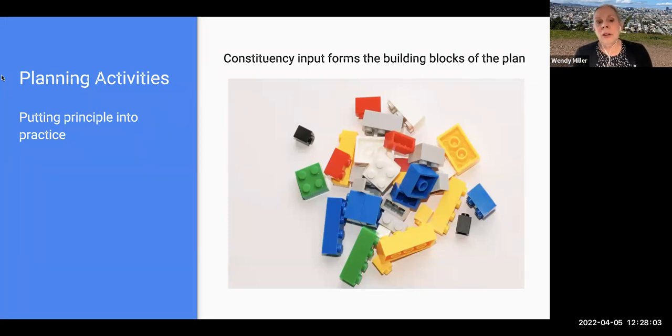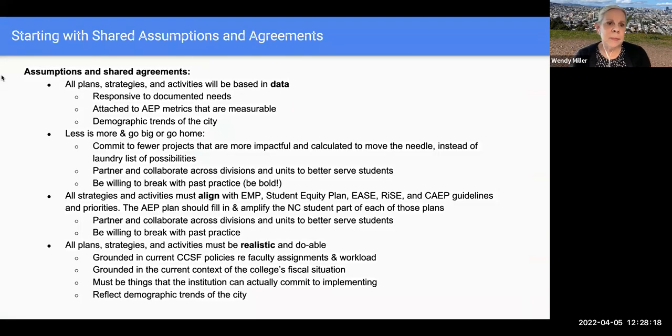So for us, at City College, the constituency input forms the building blocks of our plan. And I'm going to now go into a series of things that we have done to gather constituency input. Next slide, please, Veronica.